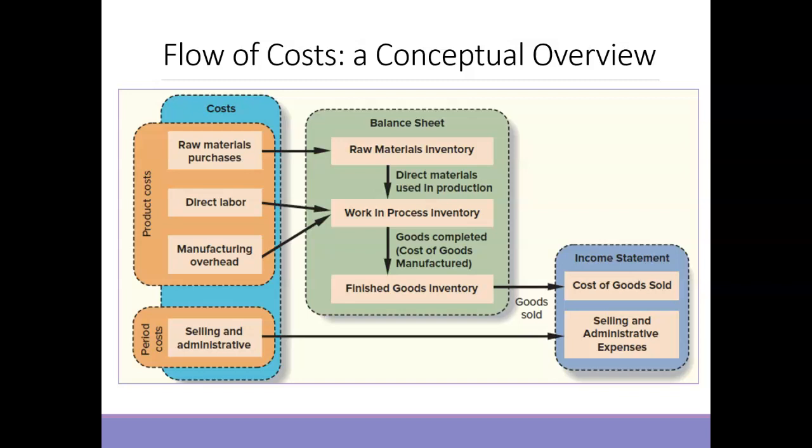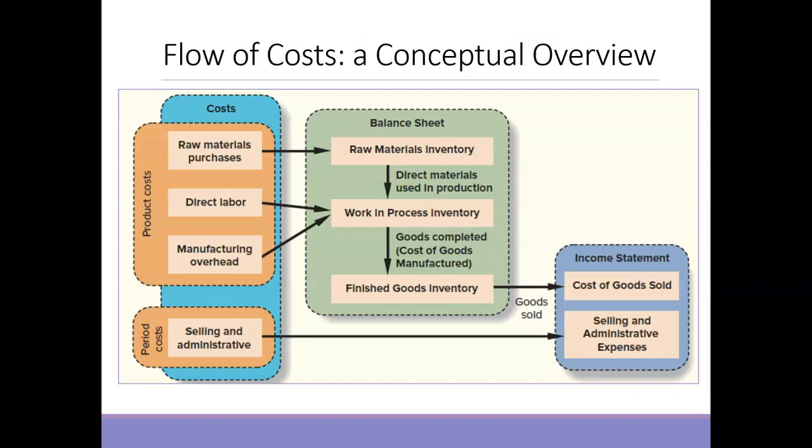Once the goods are completed, they will then be transferred from work in process and they will go into an inventory account called finished goods inventory. They stay in that inventory account until they are sold.